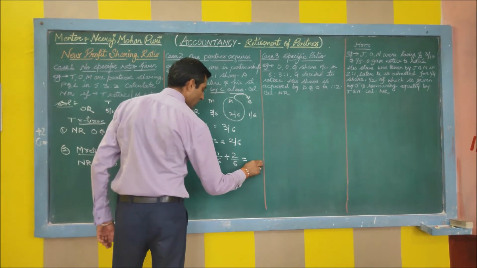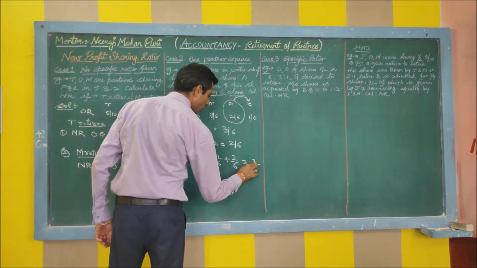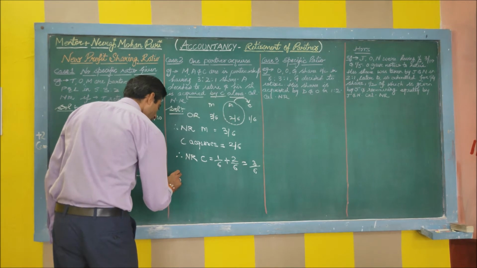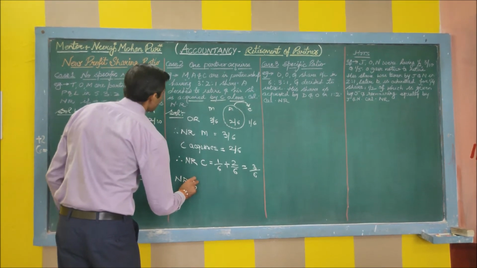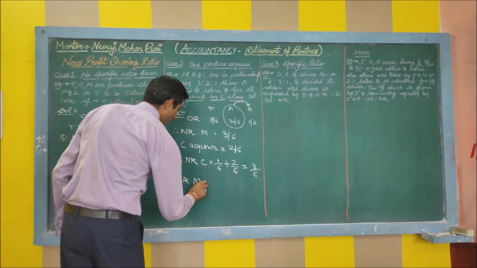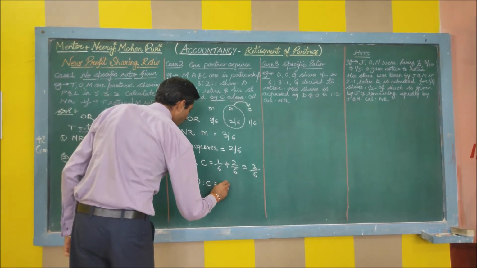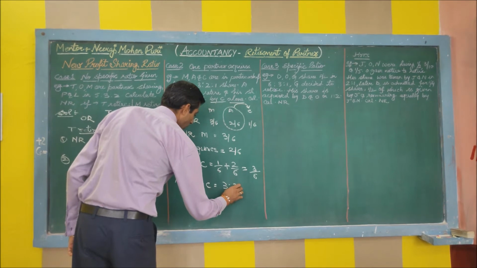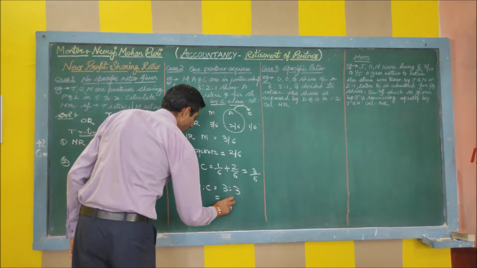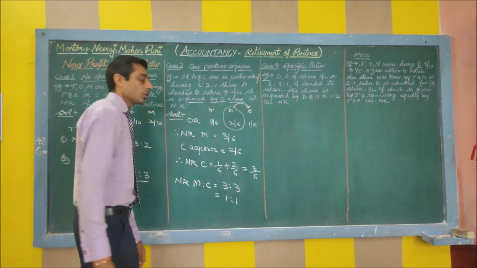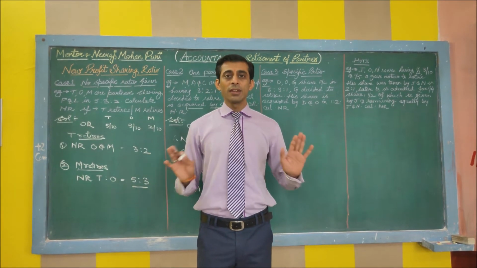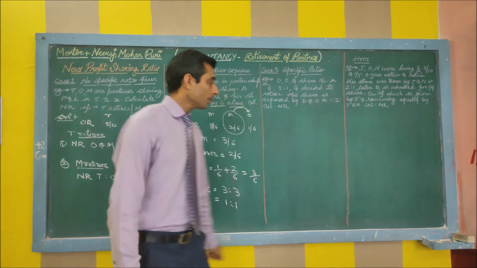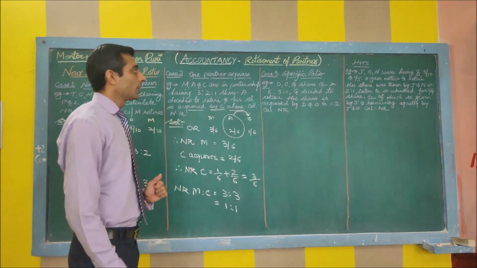Taking denominator 6, 2 plus 1 3, so 3/6. Finally, new ratio of partner M and C is equal to 3/3, that is equal. Keep it in mind, new ratio should always be positive. It can never be negative or 0. This is case number 2.